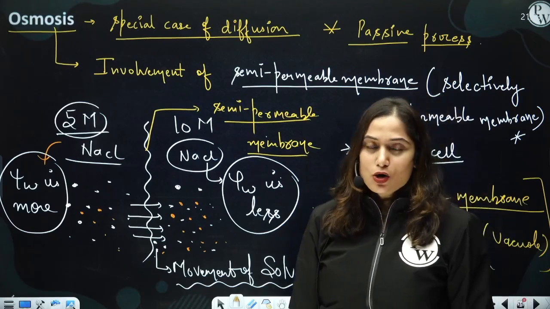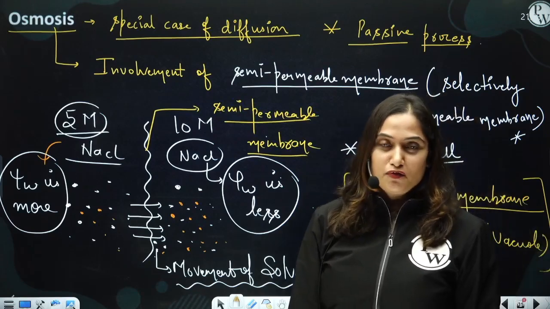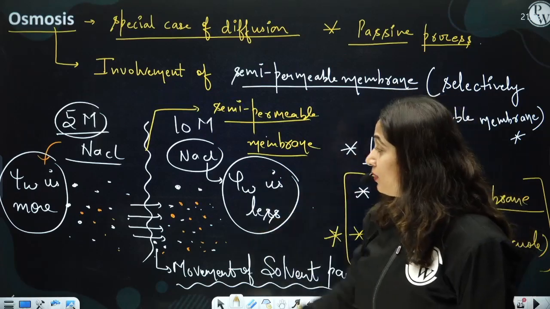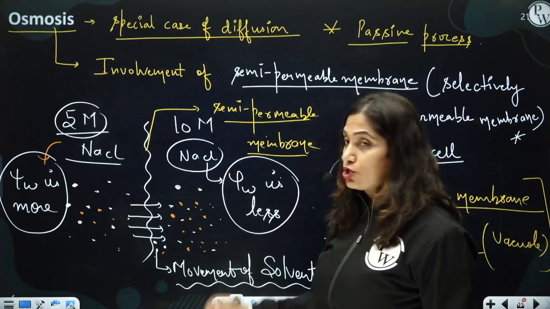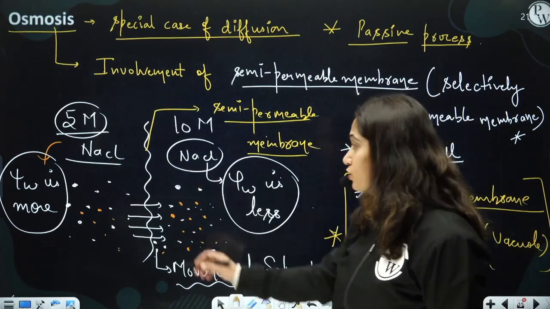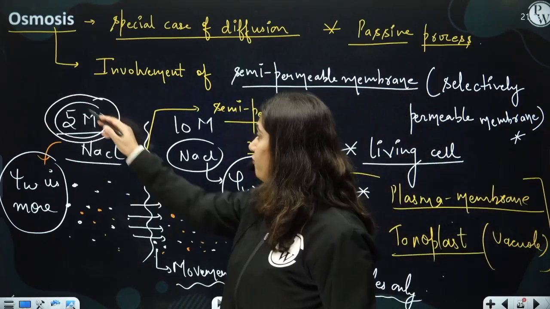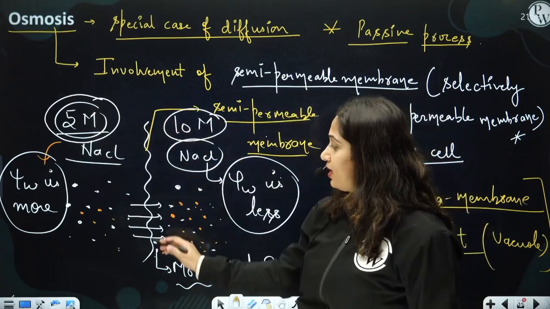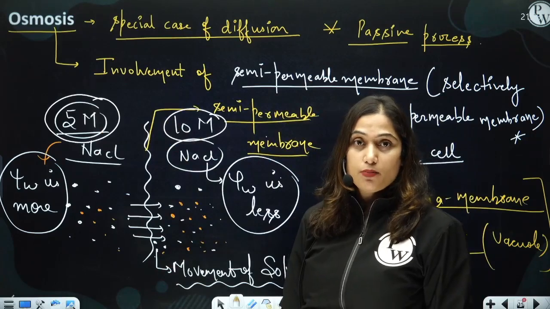Because osmosis is also a special case of diffusion, it is passive in nature. But what is special here, that if I separate two solutions, one has the concentration 5 molar and one has the concentration 10 molar, and I have separated them with the help of a semi-permeable membrane.